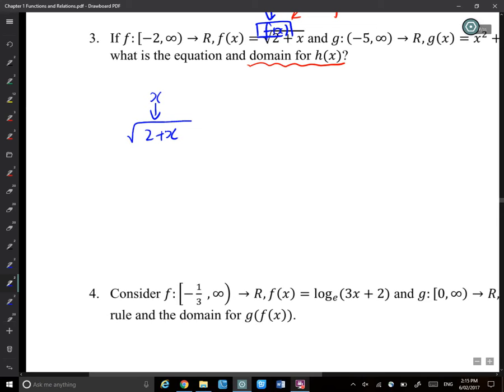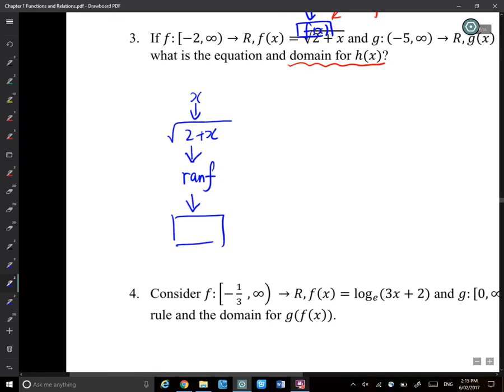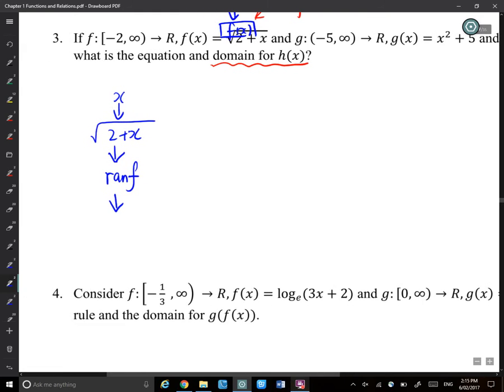I put that in, and I have some range of f coming out, and I put this range of f into the function g. The function g will be x squared plus 5, but the domain for this is negative 5 to infinity. I have a restriction on the domain of that, which is negative 5 to infinity.